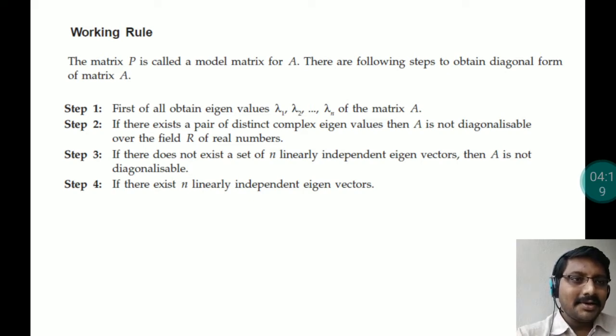If complex eigenvalues occur, then A is not diagonalizable. If n independent eigenvectors do not exist, then also A is not diagonalizable. There must exist n linearly independent eigenvectors.